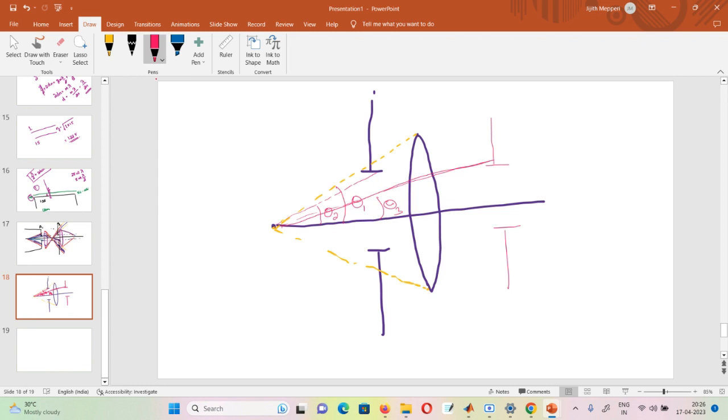Pardon me, sir? Now you put a physical aperture here, na? Yes, sir. Yeah. And I am directly drawing one line from my source to your physical aperture, and I can describe this angle. Whether this is a good method or not.